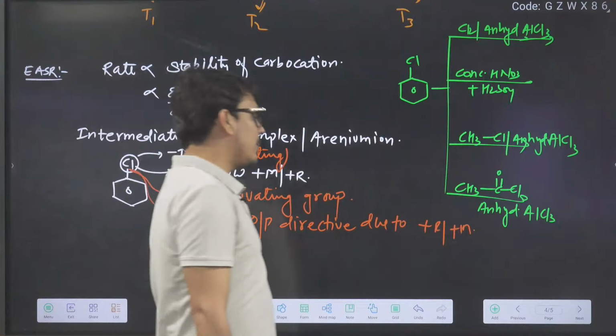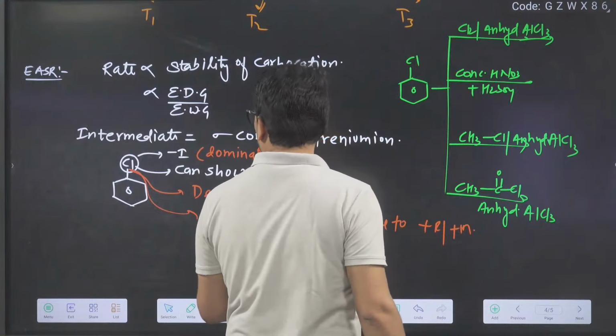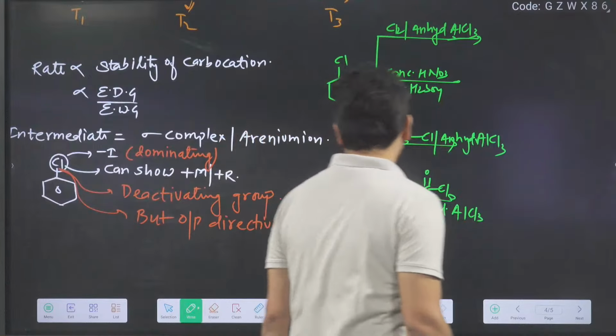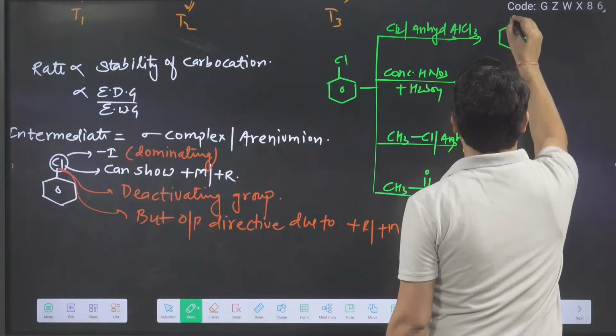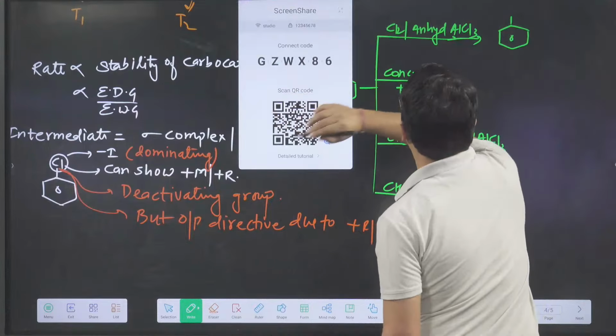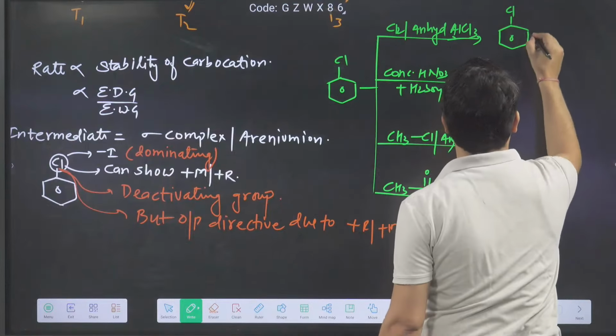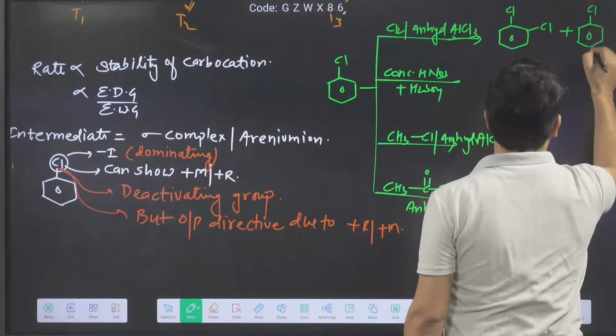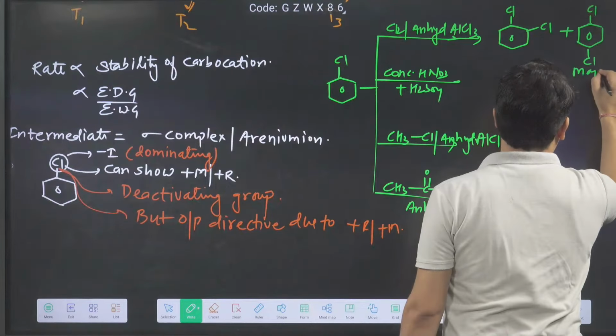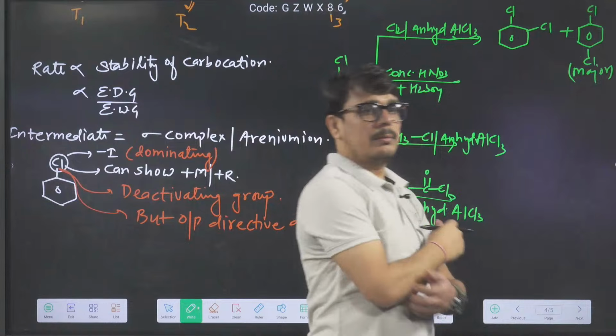First one is named halogenation, or not? Here you will get two products: ortho-dichloro and para-dichloro. Which one is major here? Para-dichloro.